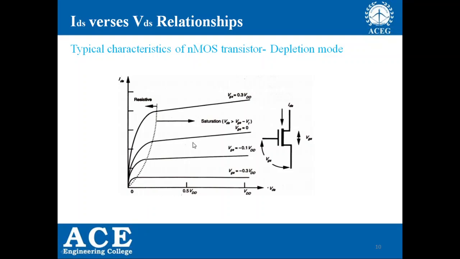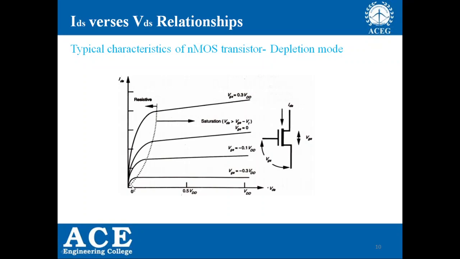And let us say VGS equal to minus 0.1 VDD. If we increase this VDS value slowly, this IDS also increases up to this voltage, and this dotted line separates the saturation and non-saturation regions.